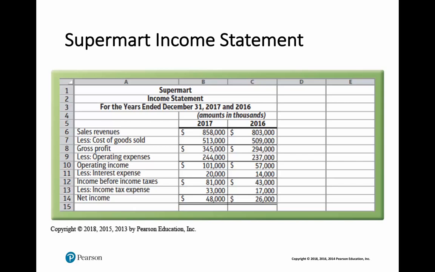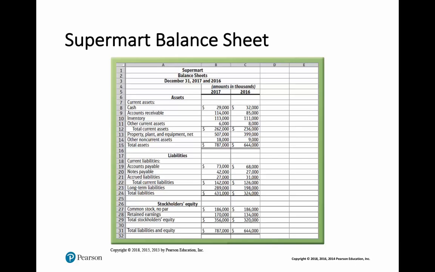This is a common thing if you've ever been on the board of a company. Nonprofits generally look for professionals to be on the board. If you've ever had another assignment where you're looking at two different years of the same business, this is a common setup where things are side by side. We're going to look at how we can dive a little deeper than just saying sales went from 803 to 858.